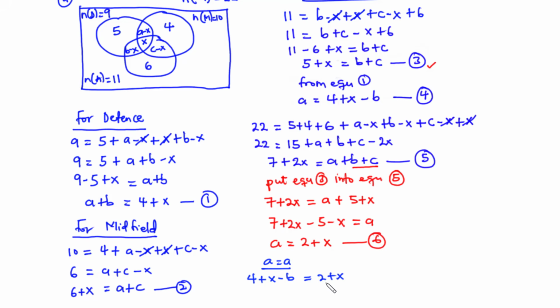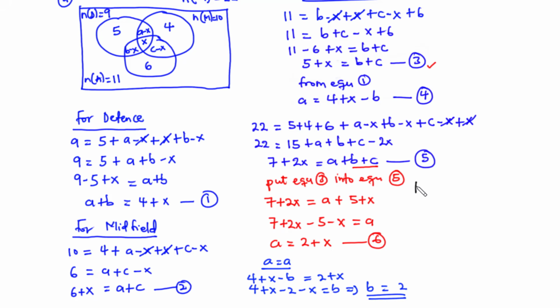Now let's transpose 2 plus x to the left hand side and then negative b to the right hand side. So it becomes 4 plus x minus 2 minus x is equal to b. Now b is equal to 4 minus 2 is 2, x minus x is 0. So we have b to be 2.